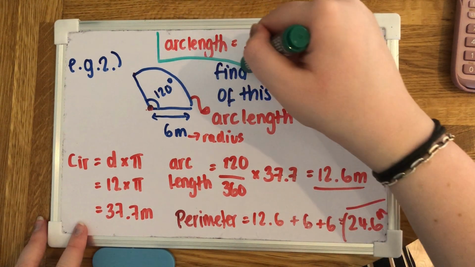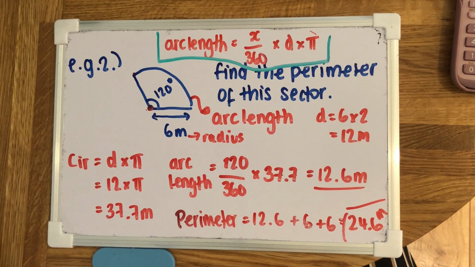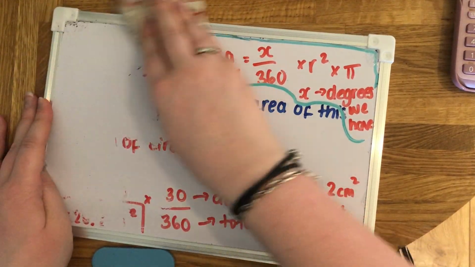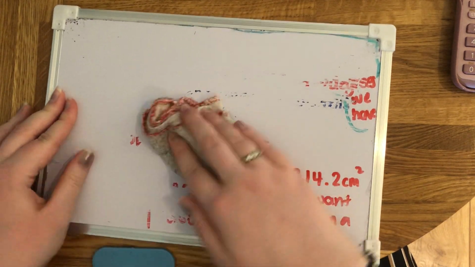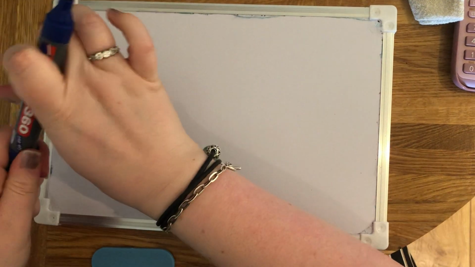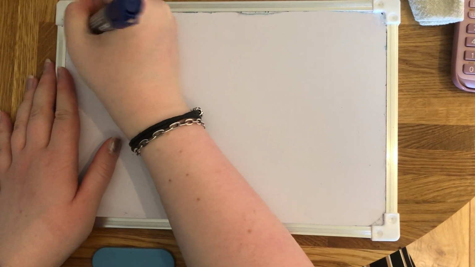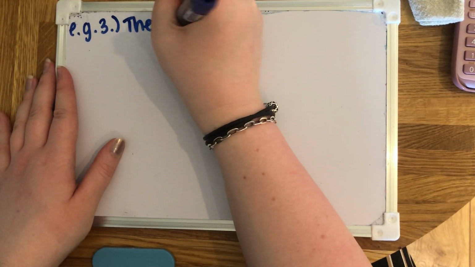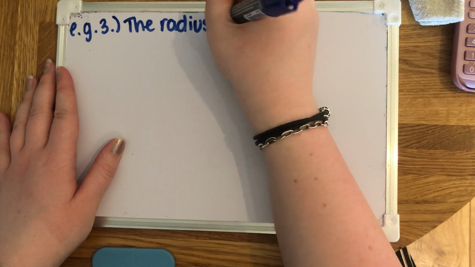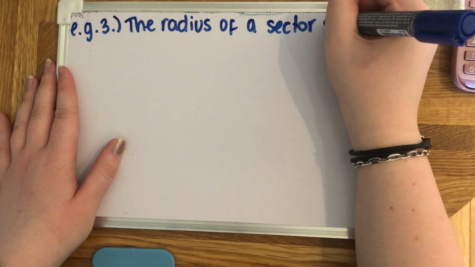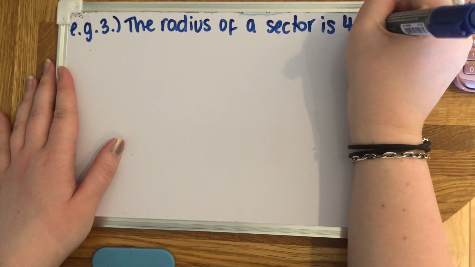Okay, so we are going to do one more. I'm going to do both, I think, if I can fit it on my page. We're going to say that the radius of a sector is 4 centimetres.